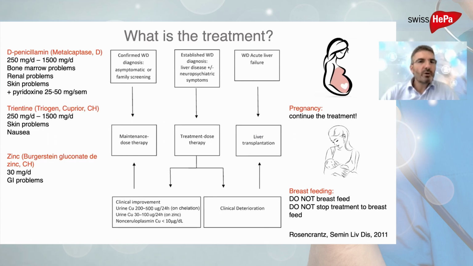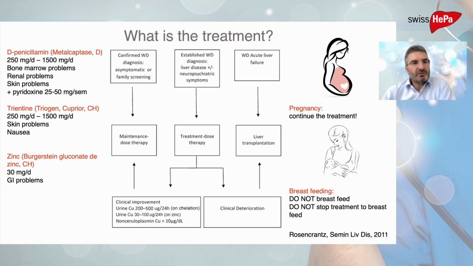If we go more precisely into the treatment, you see that we can use penicillamine. It is known under the name Metalcaptase. The problems that I was mentioning are bone marrow problems. So the bone marrow is not producing white cells and red cells as it should. There might be renal problems, there might be skin problems, and normally penicillamine should be administered together with pyridoxine.